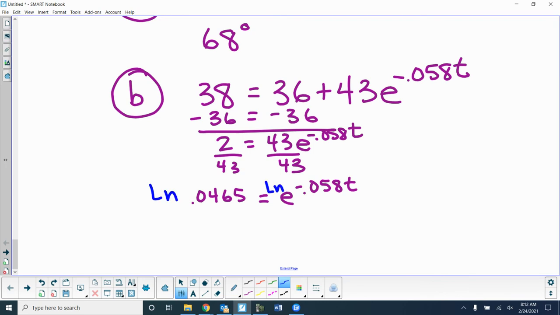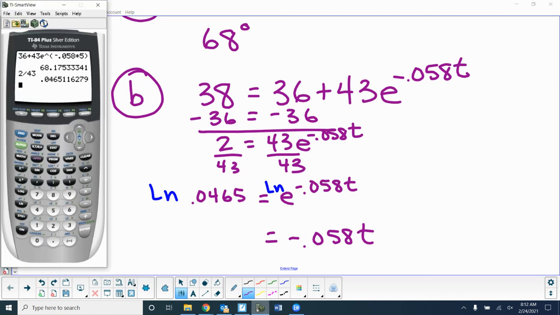What happens to those two things? They just cancel out for you. So that is the answer. When you take the natural log of e to a power, that power is the answer, that exponent. So now all I have is this on the right, because I took the natural log.